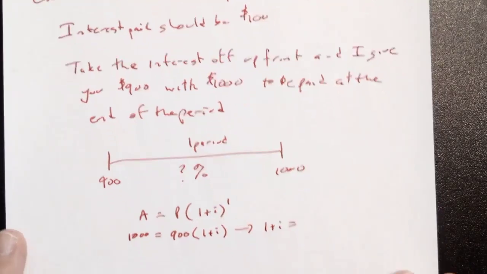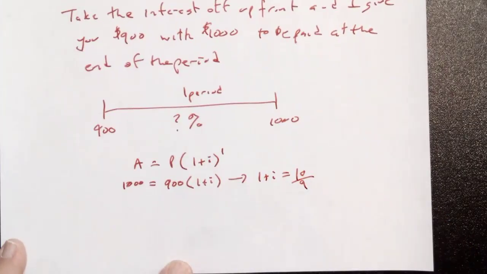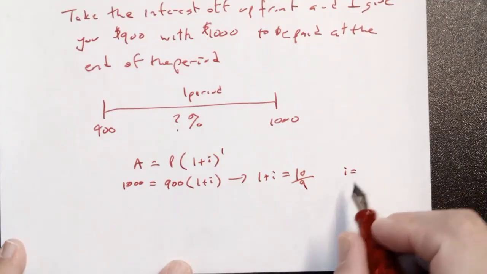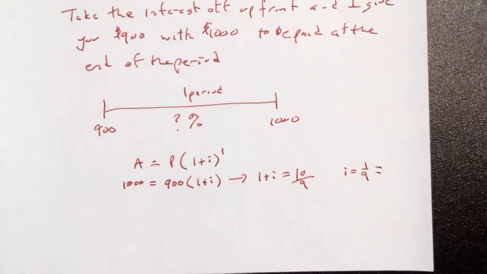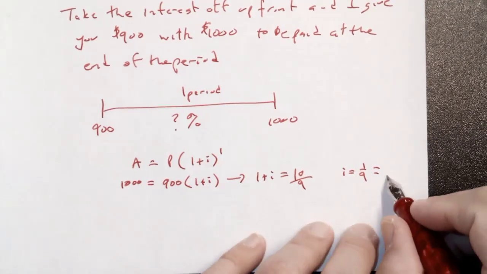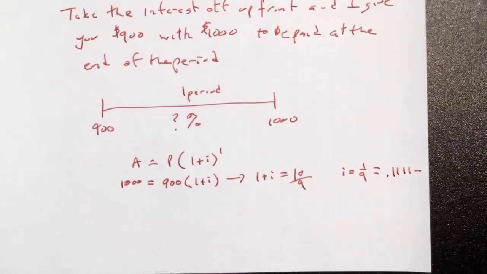1 plus i is 10/9. So I subtract 1, it's 1/9. Give me a decimal. Matter of fact, it keeps repeating, right?